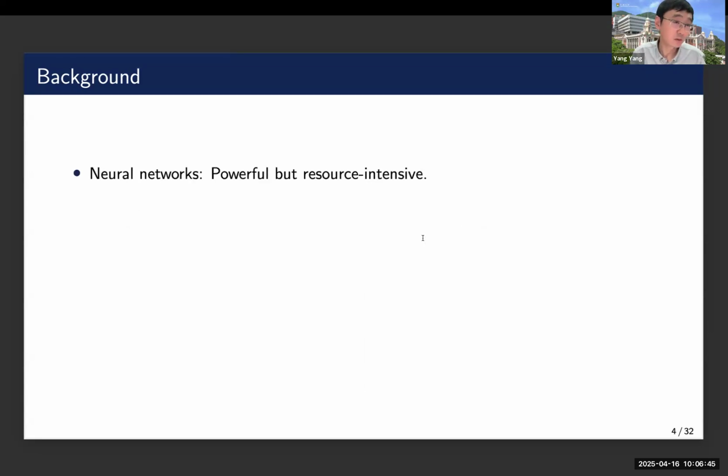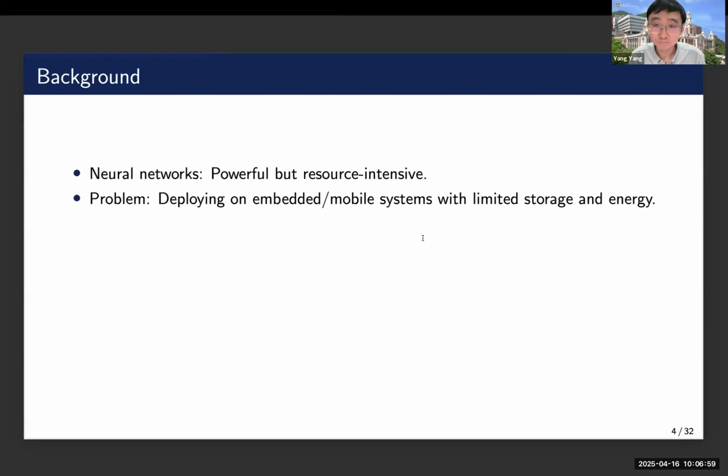Okay, so the background: neural networks were getting more and more popular 10 years ago. They are everywhere now. They are powerful, but very resource intensive. So the problem is to deploy them on embedded or mobile systems with limited storage or limitations of energy.